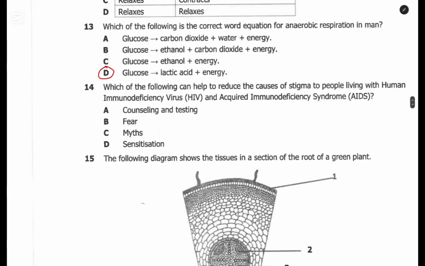Then question 14, which of the following helps to reduce the causes of stigma to people living with HIV, I mean human immunodeficiency virus, and acquired immunodeficiency syndrome, AIDS? A, counseling and testing. Can it reduce stigma?